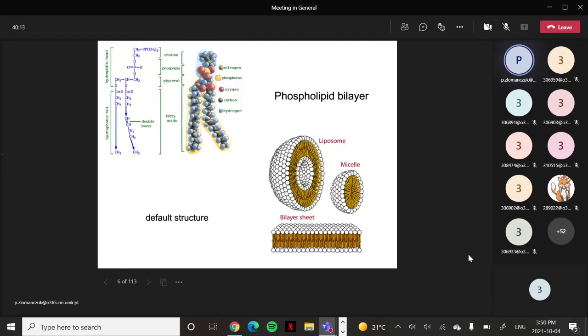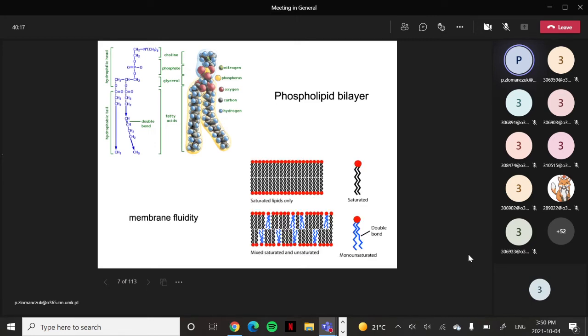I want to point out to you that there are other factors which will influence the level of membrane fluidity, also in humans, in us. So one of the molecules that would influence how movable phospholipids are within the bilayer, so how much fluidity there is, is the molecule of cholesterol.